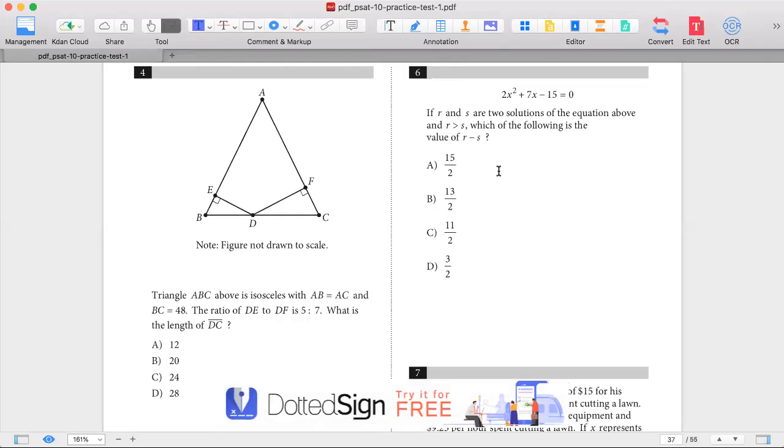So I have to quickly factor any quadratic equation that I have here.